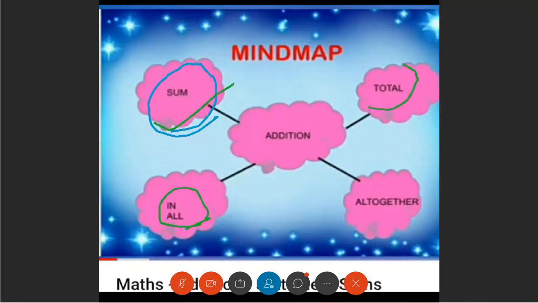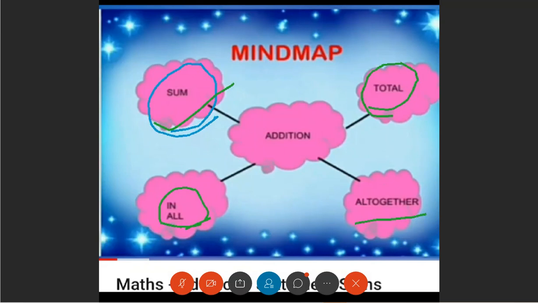If the word total comes, do the total; that also means addition. All together is also addition. So keep all these things in mind. Sum means addition. In all means addition. Total means addition. All together means addition. If any of these words come, you have to do addition.